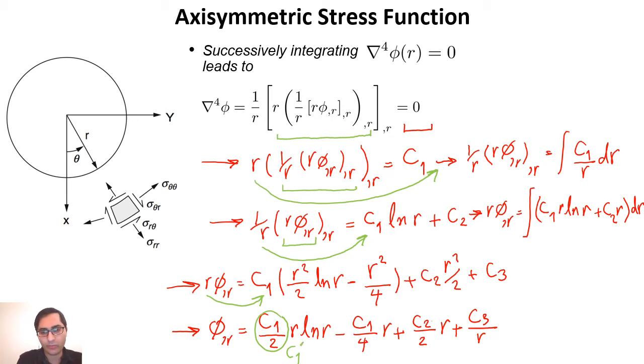Also, I'm going to name minus c1 divided by 4 and c2 divided by 2 as c2 prime, and I just keep c3. So it is equivalent to having c1 prime r ln of r plus c2 prime r plus c3 divided by r.